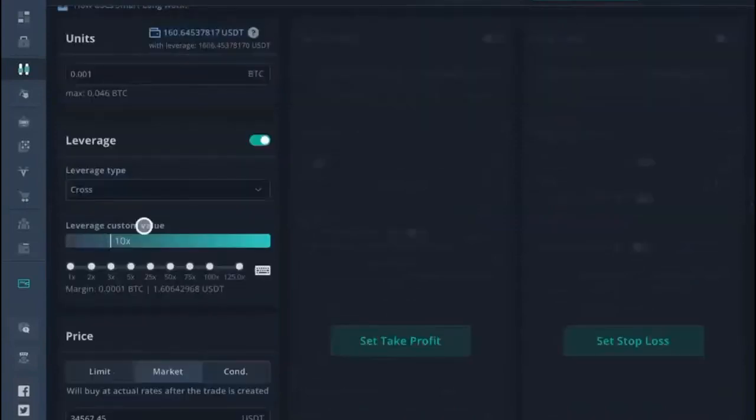So if we're using $100 at 10x, it's as if we're using our entire portfolio of $1,000. Now, if we're using $100 at 20x, it's as if we're using $2,000.